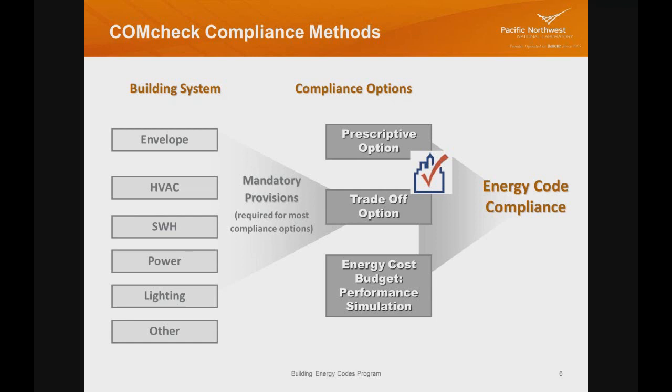If you have a ceiling with attic space, you have to put in this much insulation, and so forth. The more involved way to demonstrate compliance is through the energy cost budget or performance simulation. That typically requires a third party or a professional modeler to get involved with running a building performance simulation engine. That's a much more involved and detailed method.